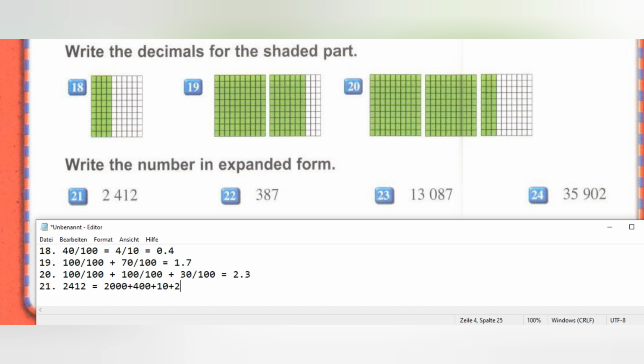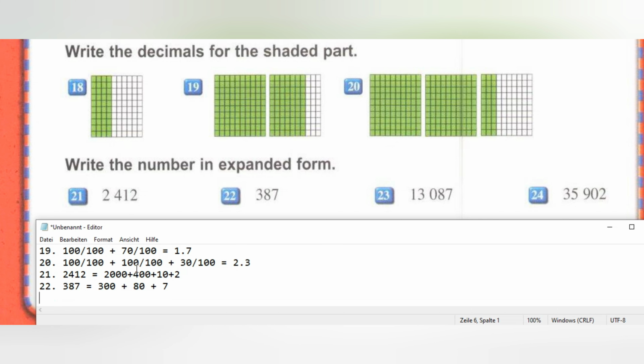Okay, we will go to task number 22. It's 387, and we can write it in expanded form as 300 plus 80 plus 7. And I write it slowly for you. Plus 80 plus 7.